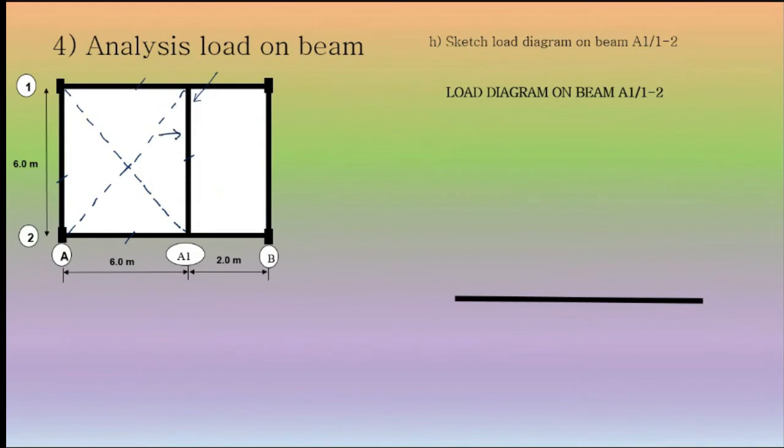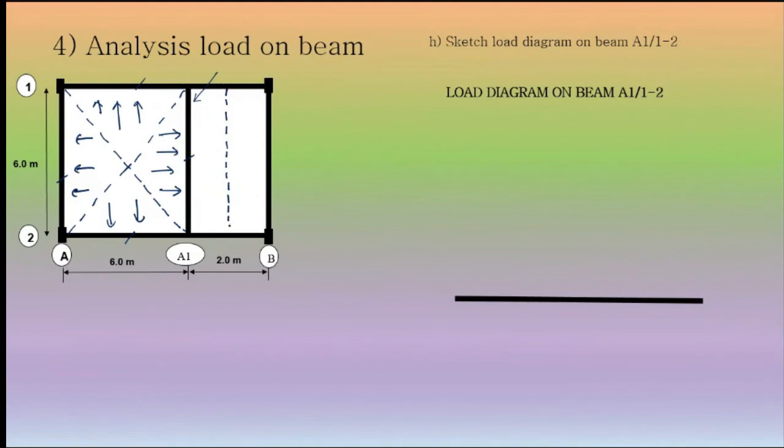Then we draw the arrow to show the load parts of the slab to the beam. Okay, guys, clear? Then for this slab, we identify as one-way spanning slab, right?